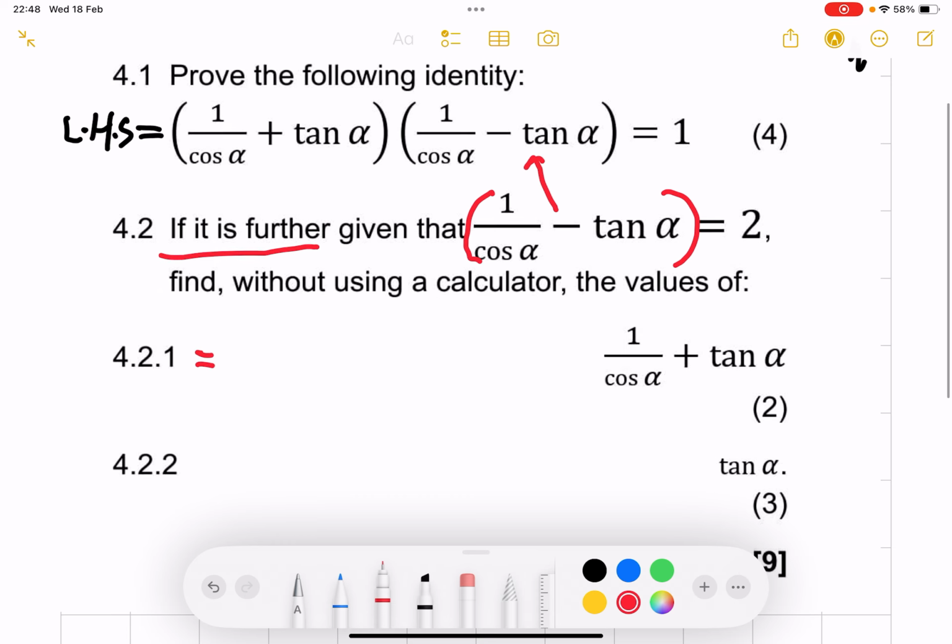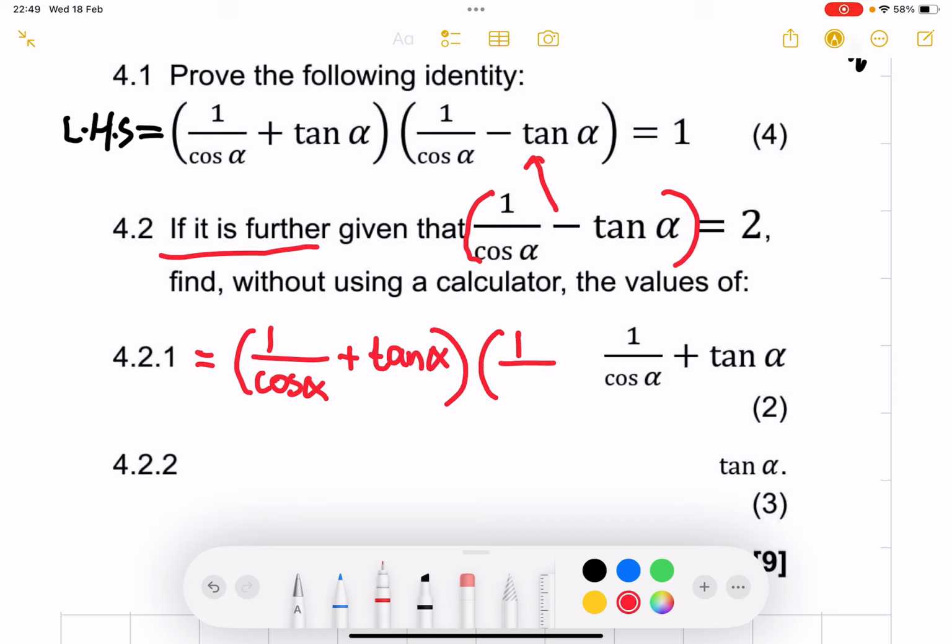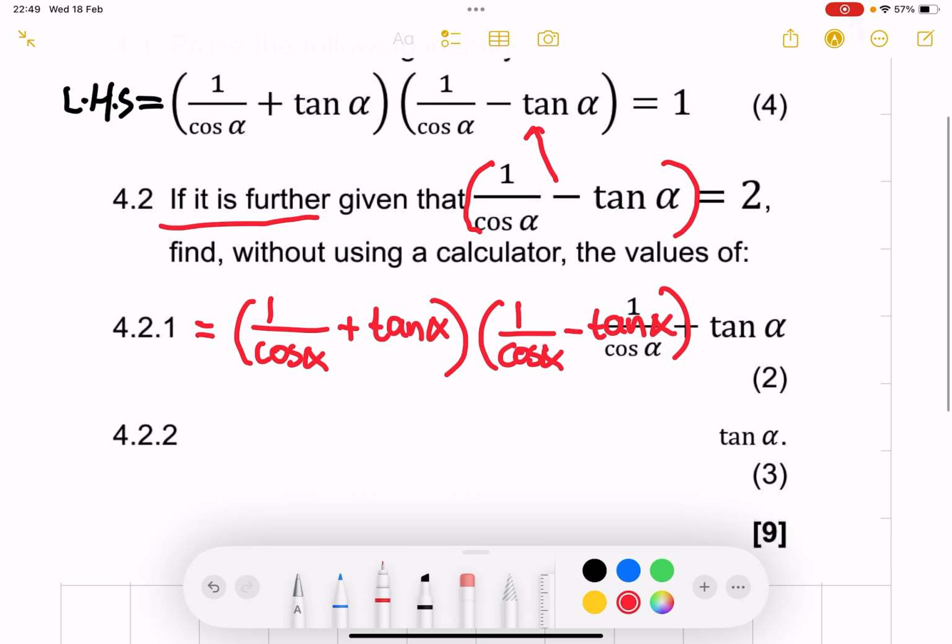I'm answering 4.2.1. So it's 1 over cos alpha plus tan alpha, 1 over cos alpha minus tan alpha, right? But remember, this identity is equal to 1, guys. We have proven it, right?